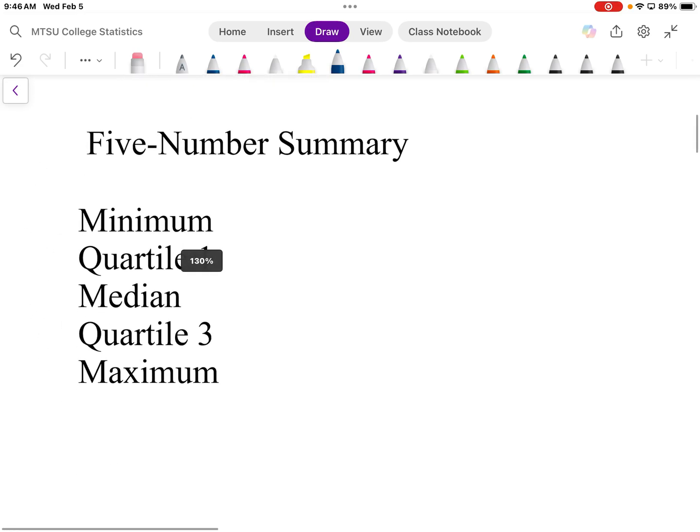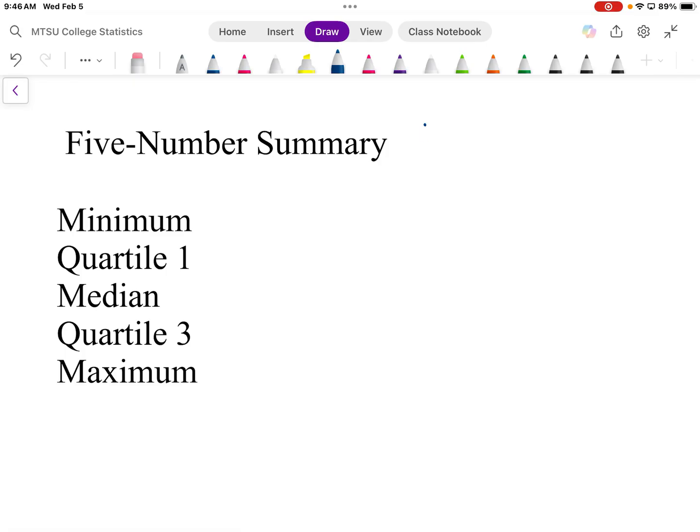So the 5-number summary, again, comes from the 1-Var Stats. Notice that the mean and the standard deviation are not part of it. It's made up of those 5 things, and these 5 things help us draw the box plots.